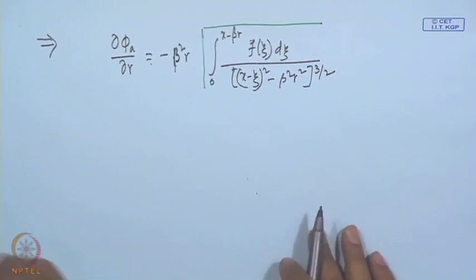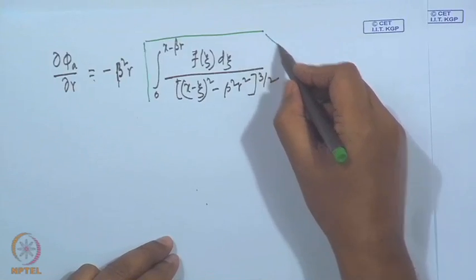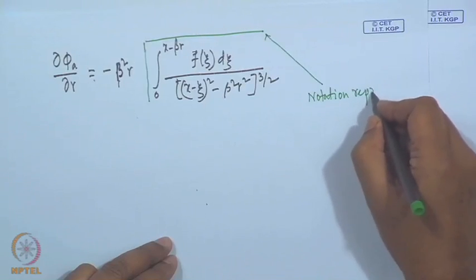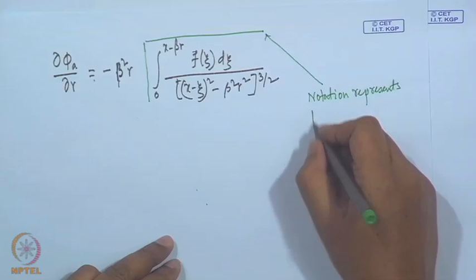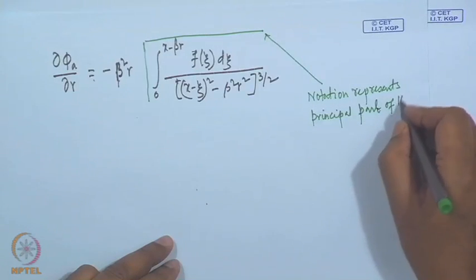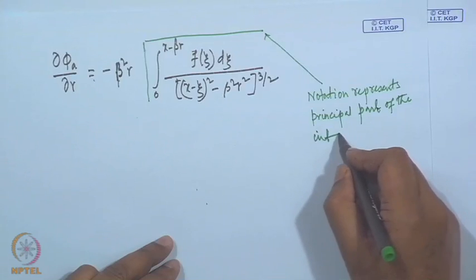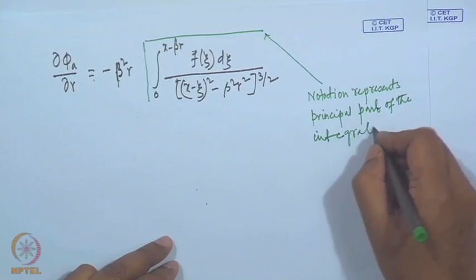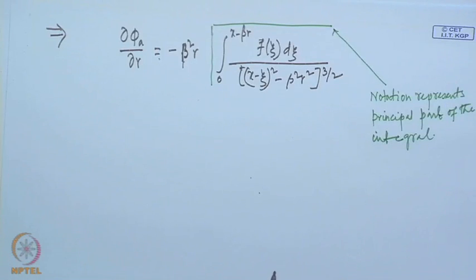And this symbol represents the principal part of the integral. Now, this undetermined part, this f xi or f prime xi in whichever form we use, can be obtained by satisfying the boundary conditions.